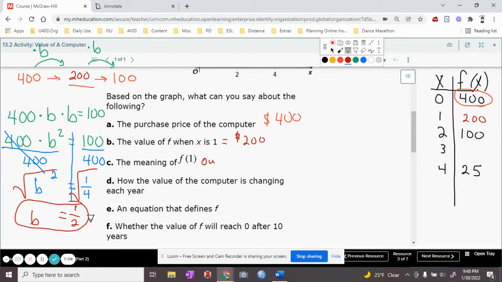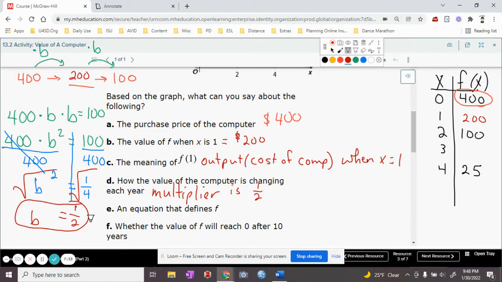So this is the output, or the cost of the computer when x equals 1. How does the value of the computer change each year? That's our multiplier. Okay. Our multiplier is that 1/2.